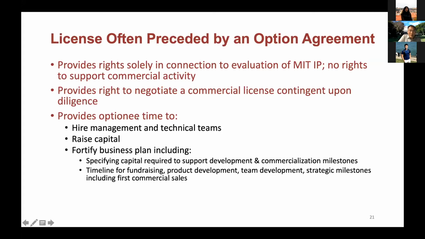It provides the optionee time to hire a management and technical team, raise capital, and fortify the business plan, including the specified capital required to support the development and commercialization milestones, timeline for fundraising, product development, team building, and strategic milestones, including the first commercial sales. So basically, an option is often used by the MIT technology licensing office to give a startup company some preparation time to get ready.